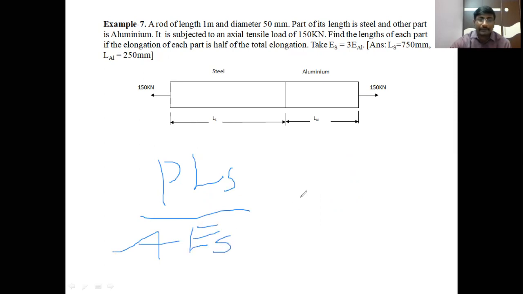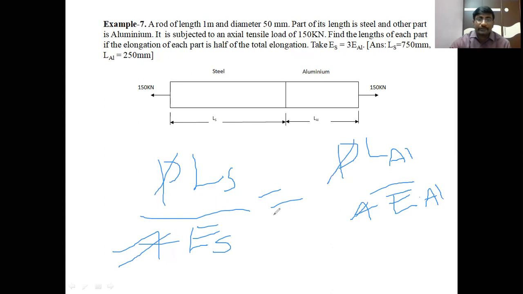Clear? That is equal to P into length of the aluminum divided by area of the aluminum into Young's modulus for aluminum. Clear? So from this A cancels, both have the same cross-sectional area, and P also cancels because the load acting on each material is also the same.